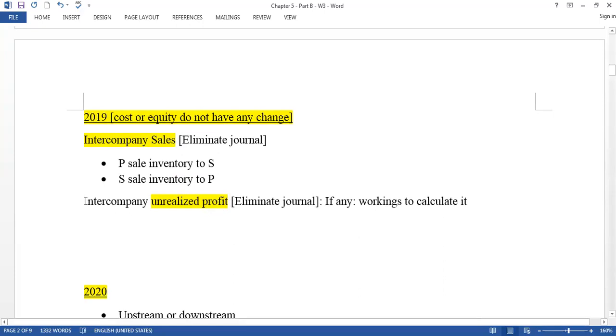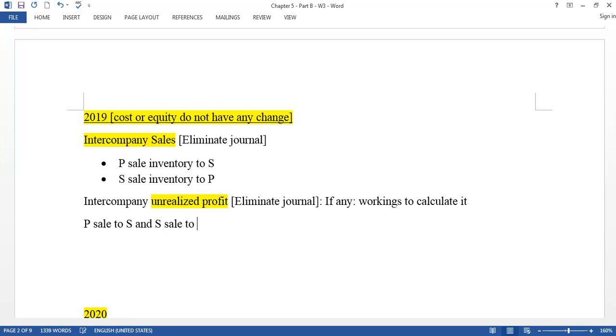Because it is within the affiliated group. But if we have a new transaction, for example, P sells to S and S sells to a third party. What is the meaning of third party? Third party means it is outside the affiliated group.